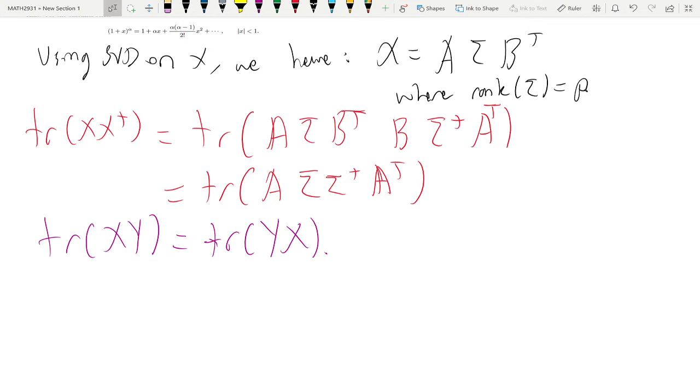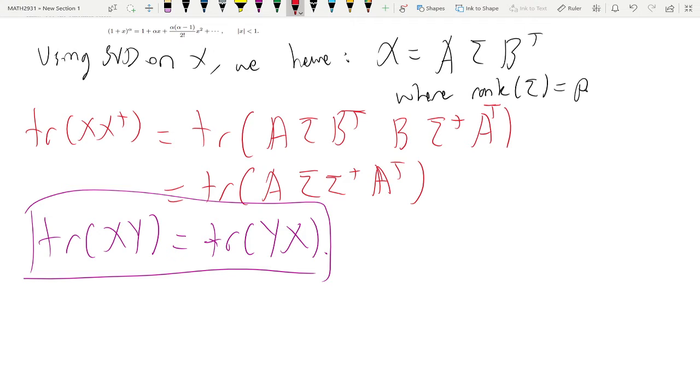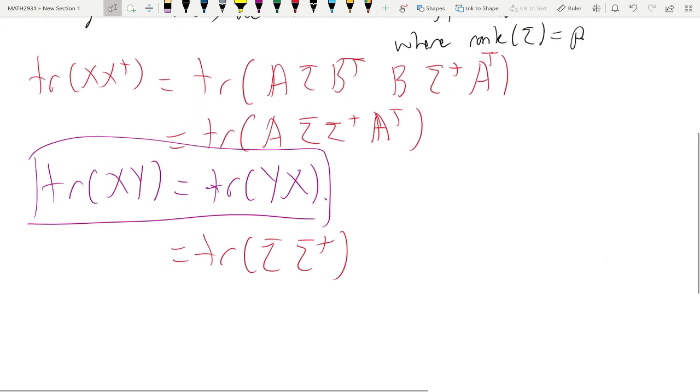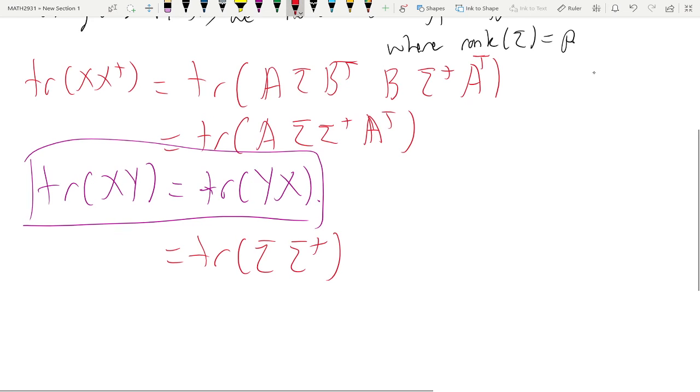Right? So I'm going to use that here. So this leads to the fact that this is just trace of sigma plus A transpose A, and A transpose A is just the identity matrix. So you just end with this. As you can see, you have the diagonal matrix and the pseudo-inverse diagonal matrix.